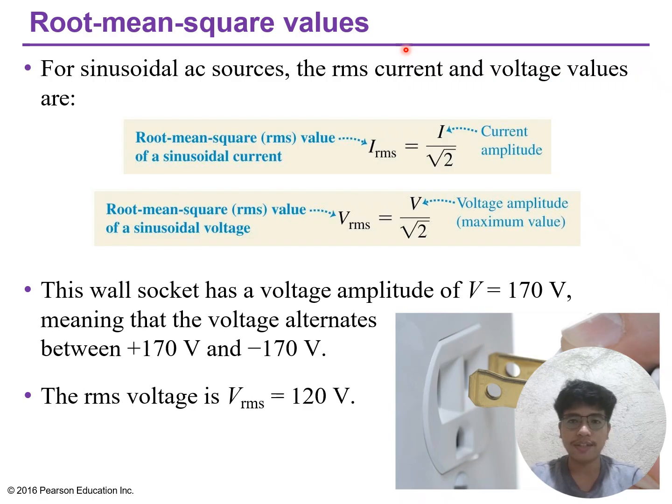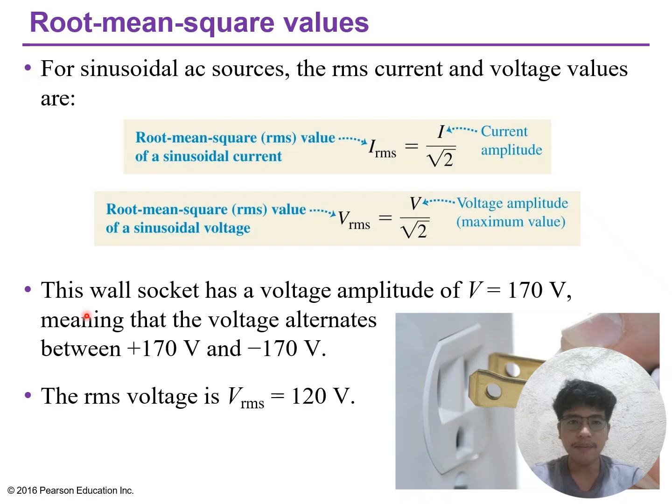To illustrate this concept concretely, consider a typical wall socket in North America. It has a voltage amplitude of capital V equals 170 volts, meaning the voltage alternates between positive 170 volts and negative 170 volts as it oscillates sinusoidally.